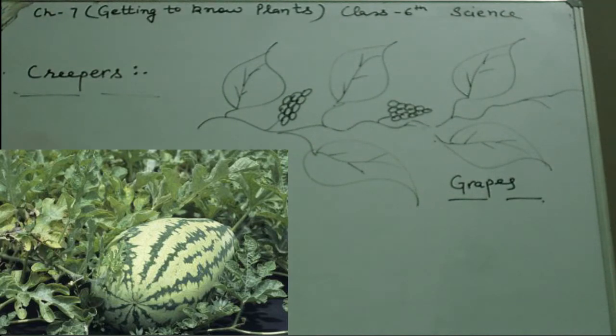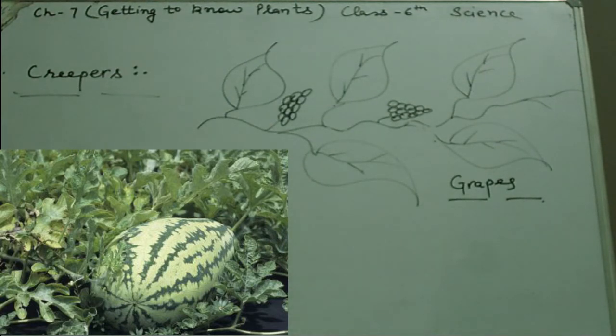Otherwise we have to give them support because they have a very poor stem. Always the stem remains green and the leaves are also green in color. They have a very weak stem, so they have to take support. So these are different from herbs, shrubs and trees.